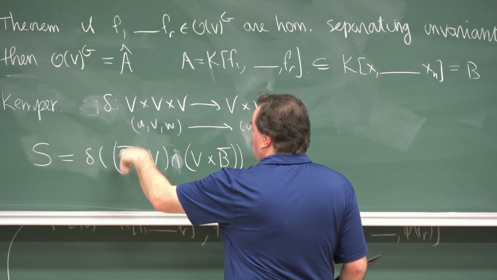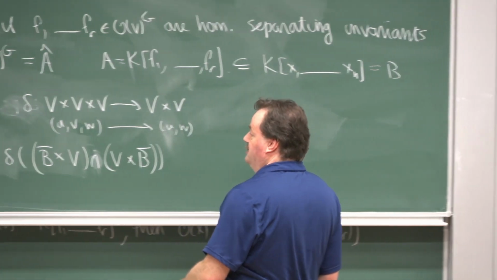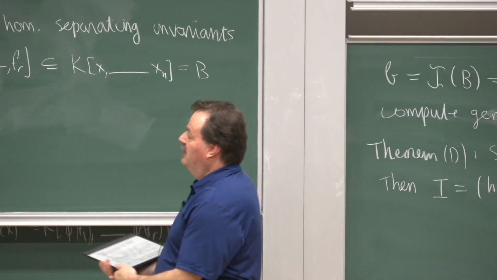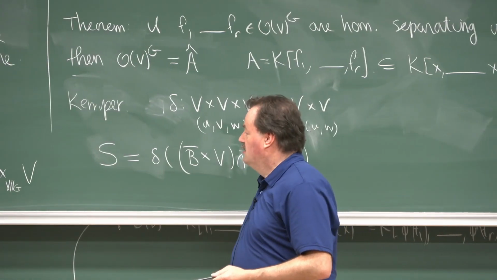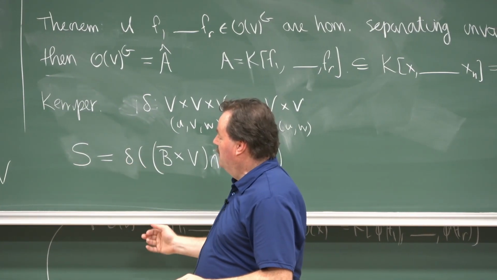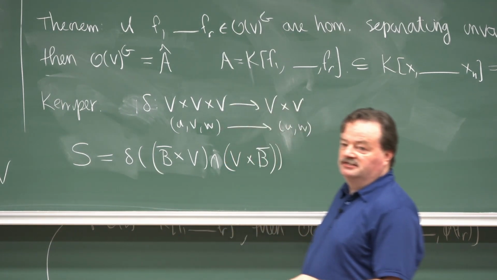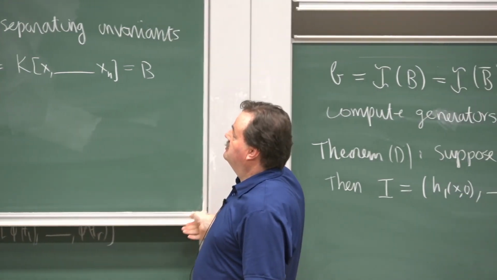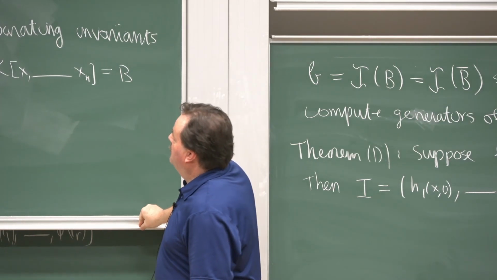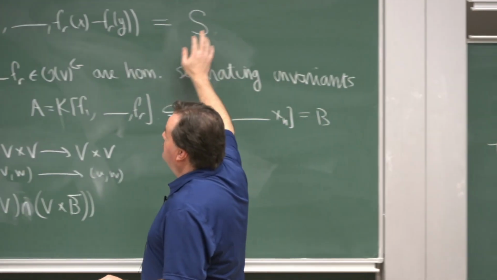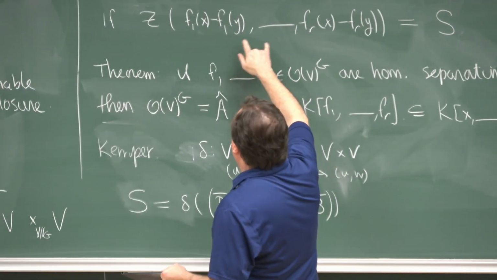And then you have to do some elimination to get an ideal that defines the set S. That may not be a radical ideal, but certainly you can find equations for the set S using Gröbner basis computation.